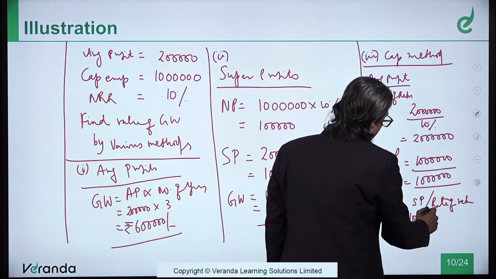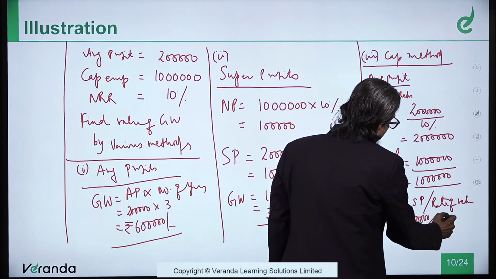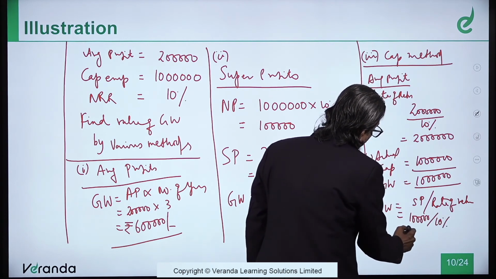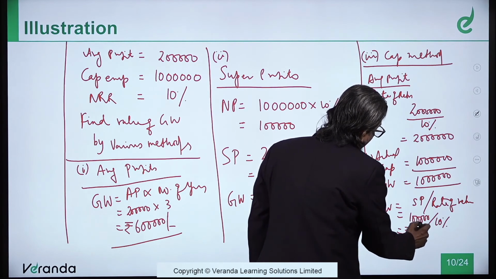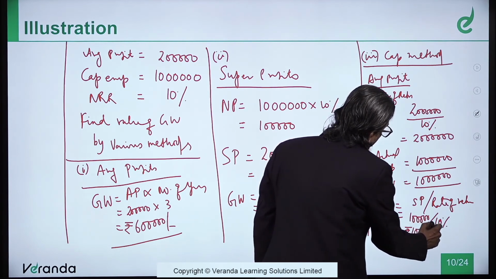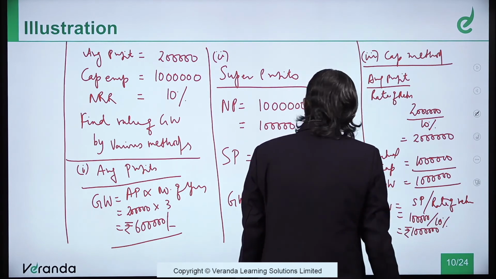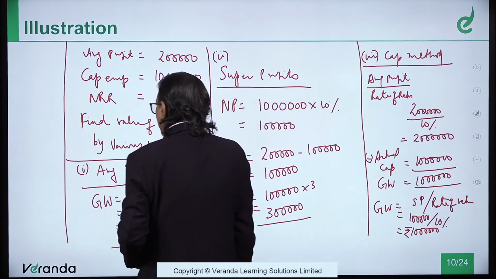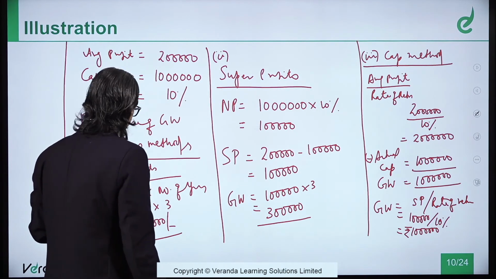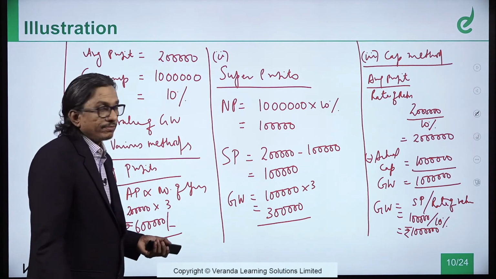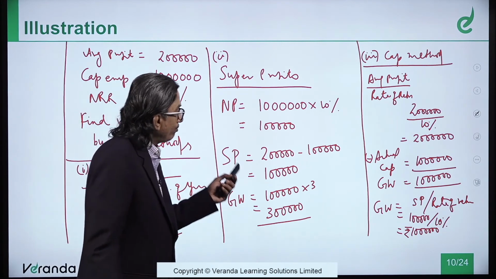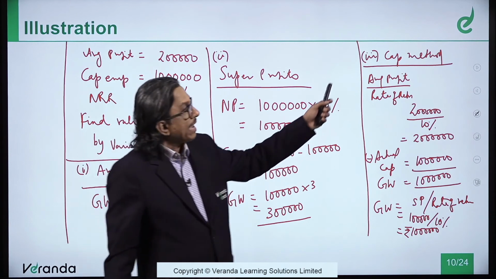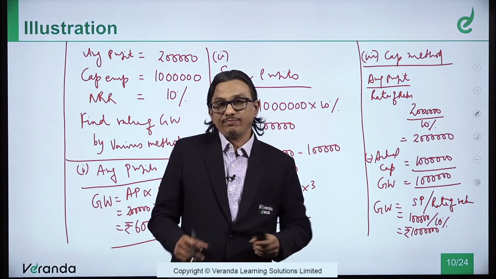So 1 lakh divided by 10%, that is equal to rupees 10 lakhs. So friends, same problem. Average profit method, goodwill is 6 lakh. Super profit method, goodwill is 3 lakhs. Capitalization method, goodwill is 10 lakh.